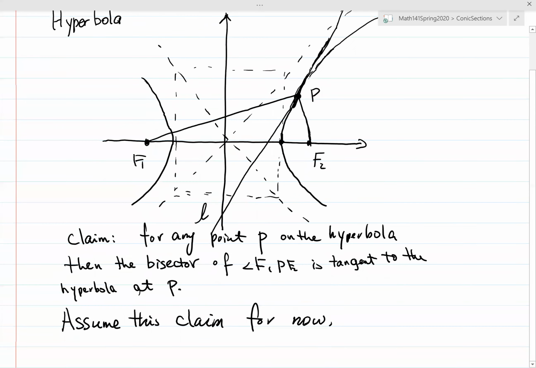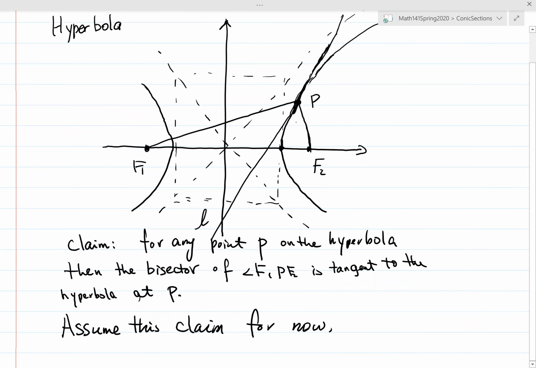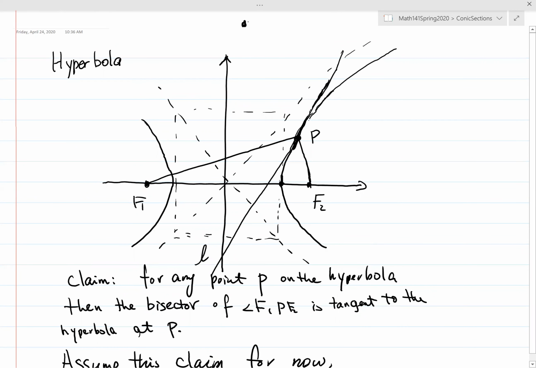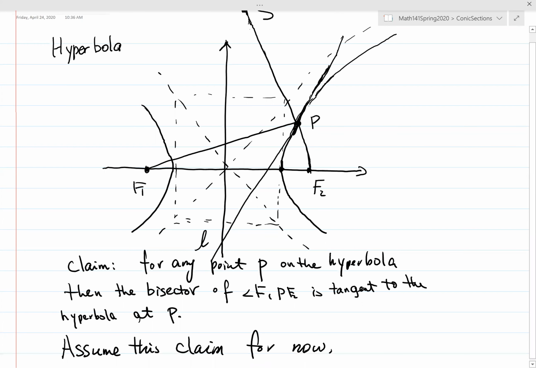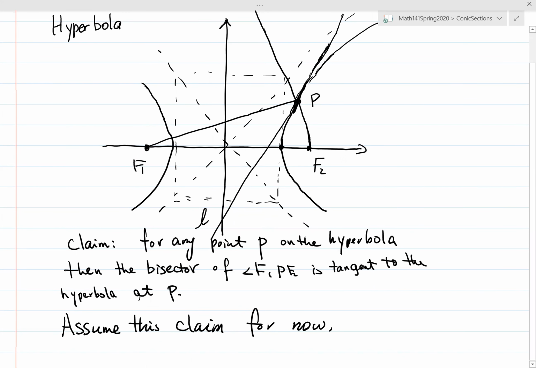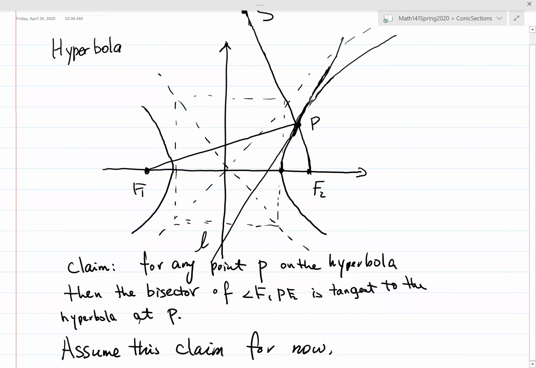Suppose we have a source of light at infinity, a beam of light in the direction of F2. Let S mean source. Now how is light reflected locally at the surface at P? We need to use the tangent line.